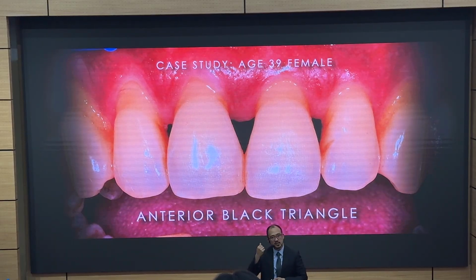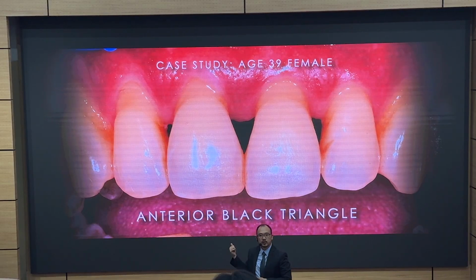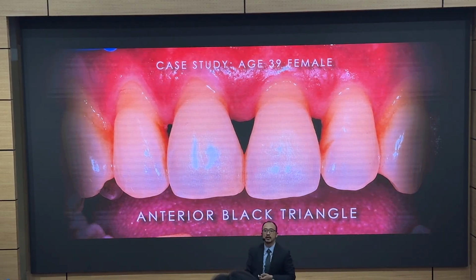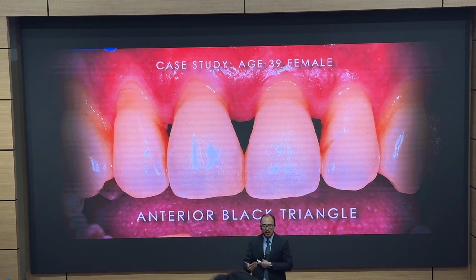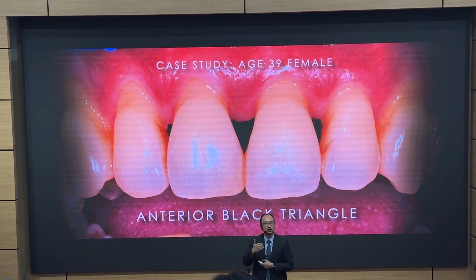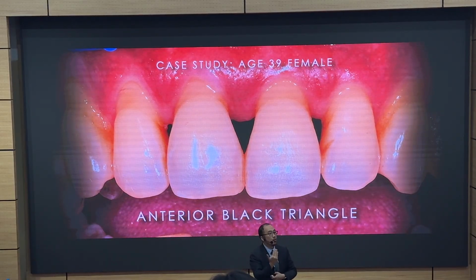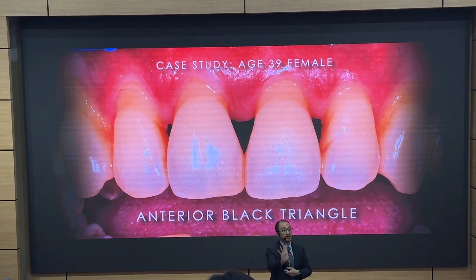So if I use this case as an example, if I want to restore the black triangle, and I use just one shade only, that is a normal like A2 or A3 shade, chances are, because I didn't take into consideration to make sure I choose a shade that is opaque, the filling is going to look darker because the light is shining through.